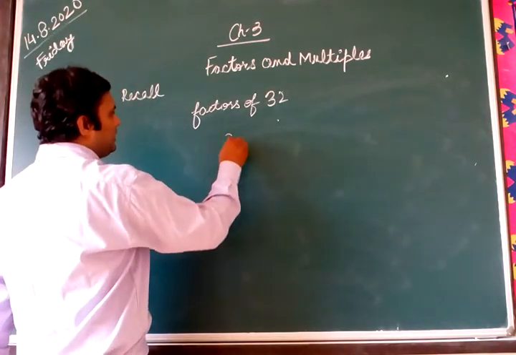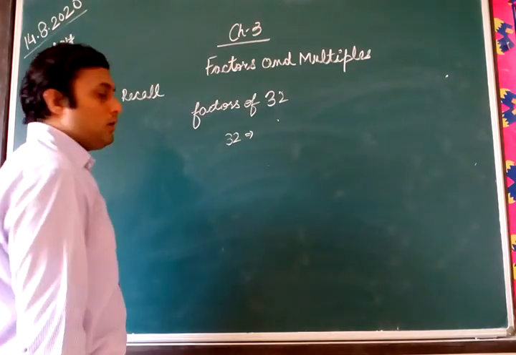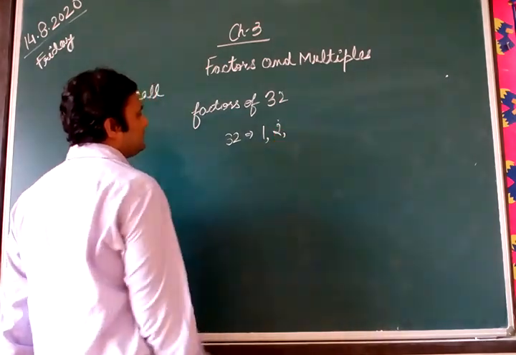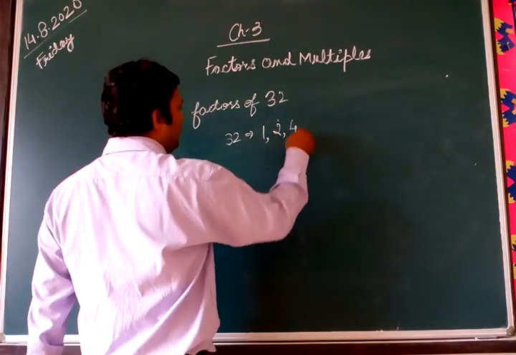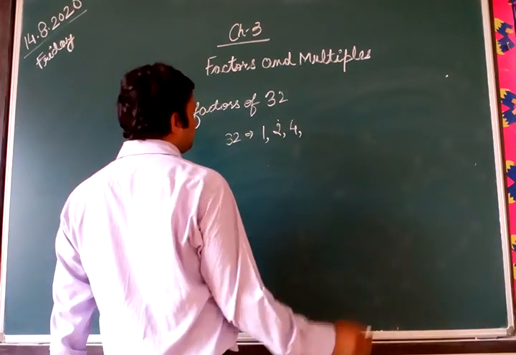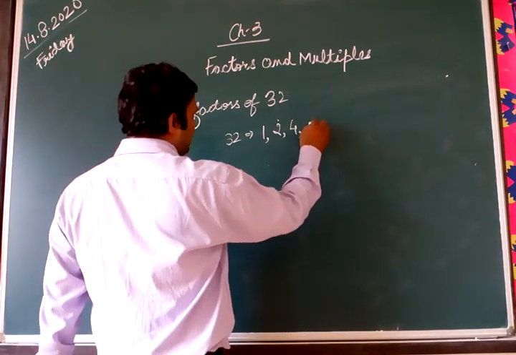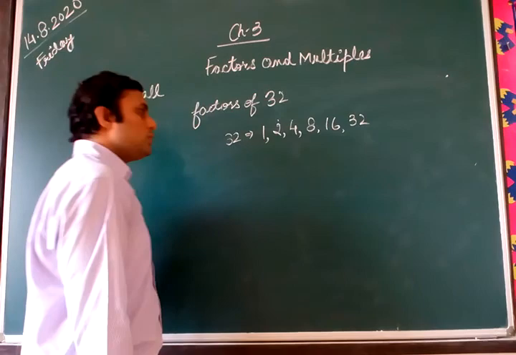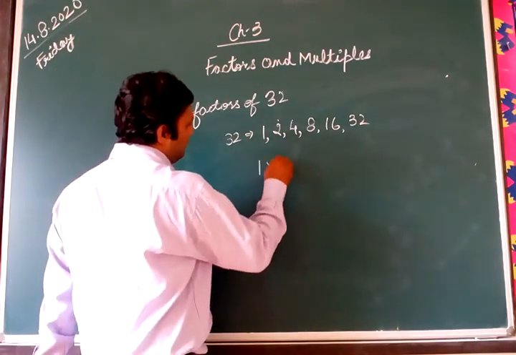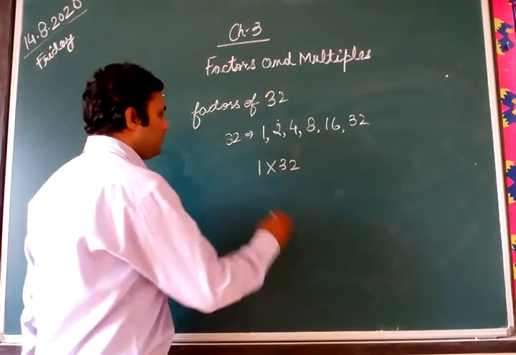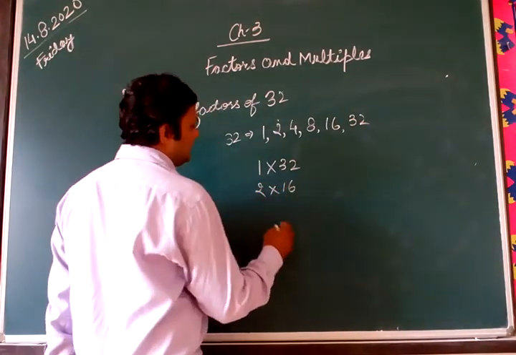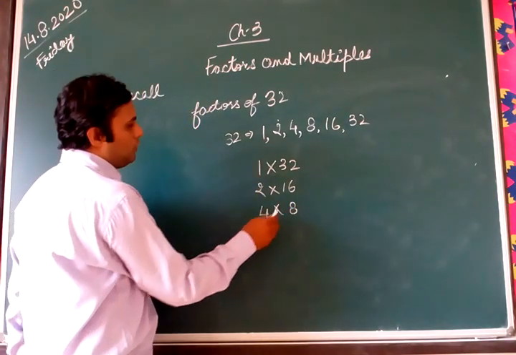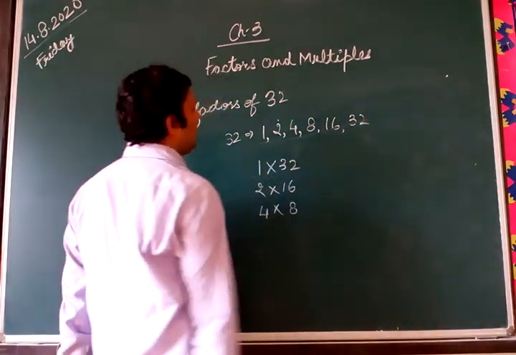The factors of 32: 1 is there, 2 is there, 4 is there, 8 is there, 16 is there, and 32 itself. You can write it another way: 1 multiplied by 32, 2 multiplied by 16, 4 multiplied by 8. So all the numbers 1, 2, 4, 8, 16, 32 are the factors of 32.